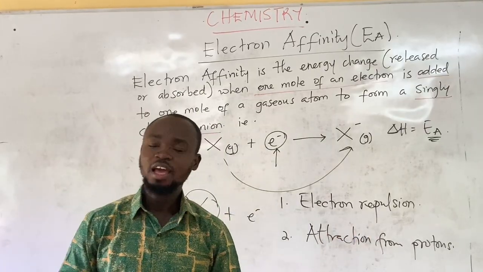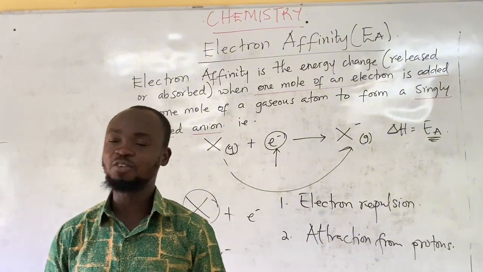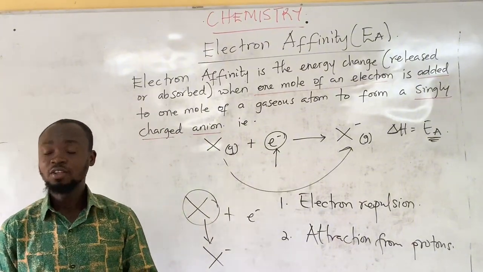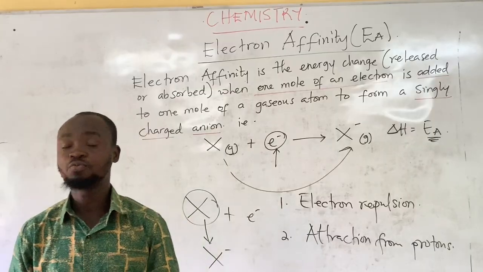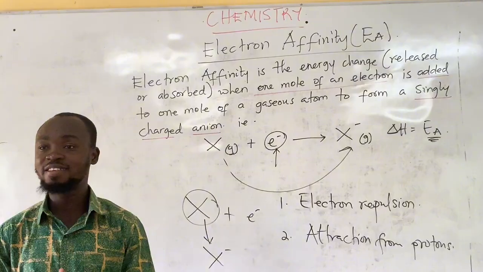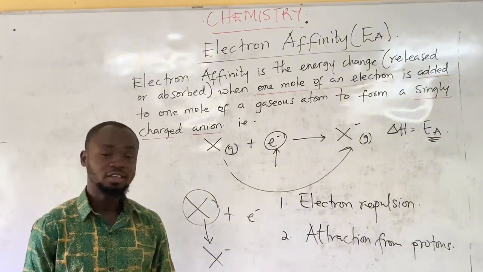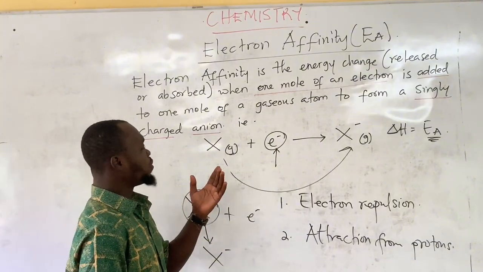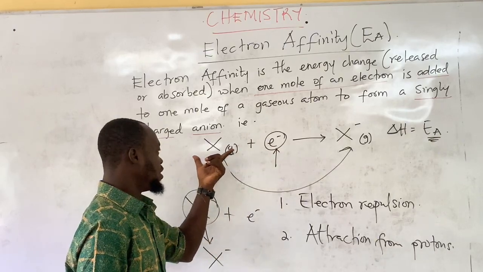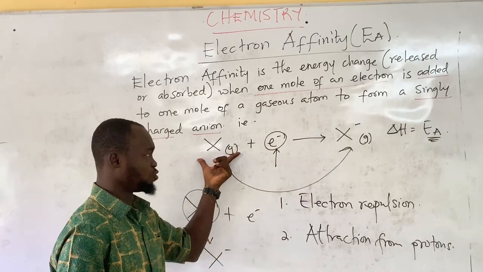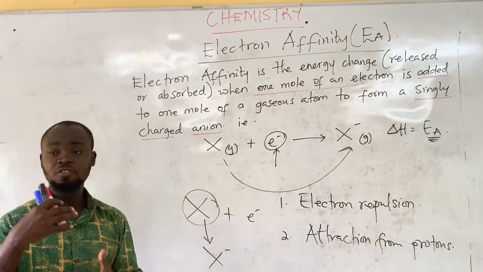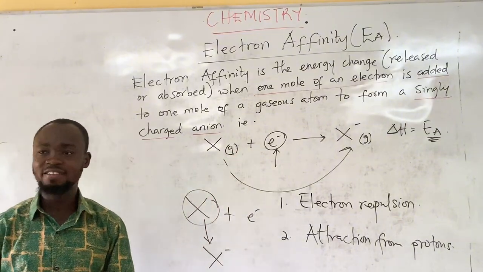Another piece of information you need to know is that atoms that need more than one electron to be stable undergo what we call successive electron affinities. Once we add one electron to the neutral atom, it has gained an electron, and anytime an atom gains an electron, there is a possibility of that atom attaining stability.